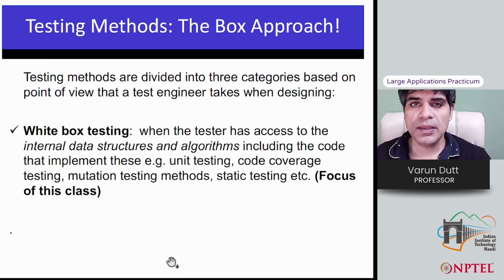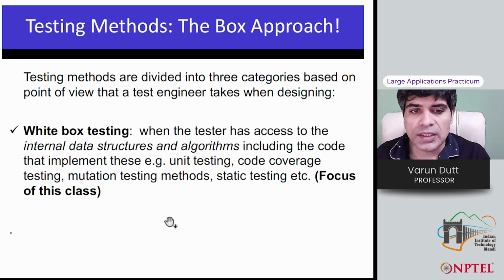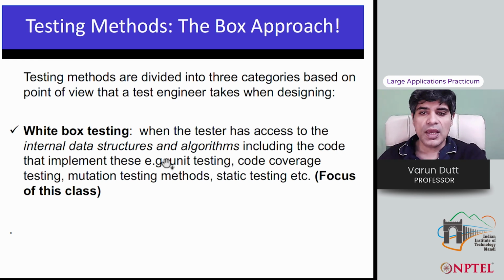There is a box approach for testing, and generally it is divided into three parts. The first is white box testing, where the tester has access to the internal data structures and algorithms, including the source code that implements these.